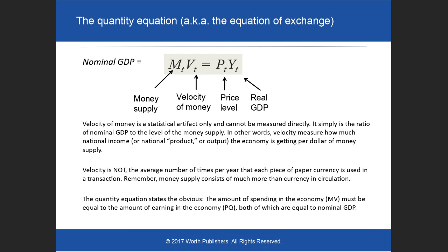So think of PY as being the earnings side. If I sell three things and each thing is $2, P times Y, $6 of GDP. And price level times real GDP is nominal GDP. So this could say MV equals PY equals GDP, because that's what it is.